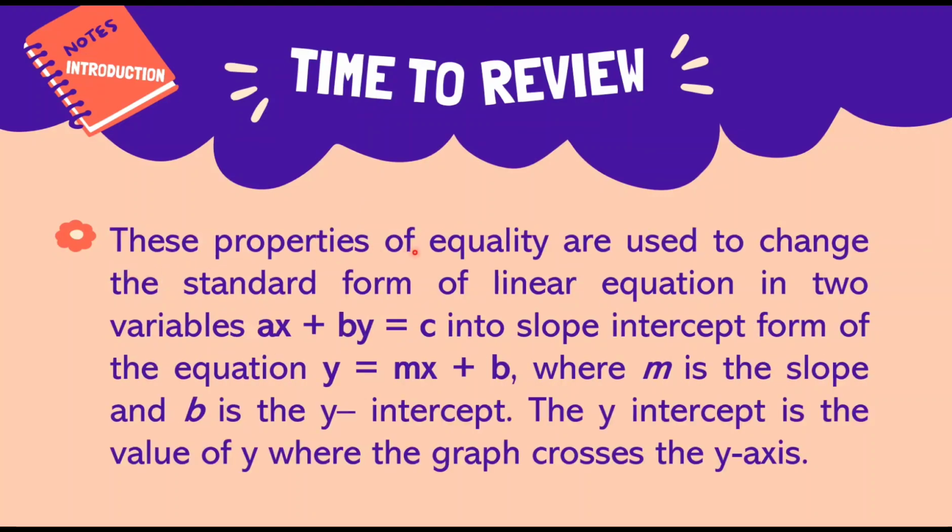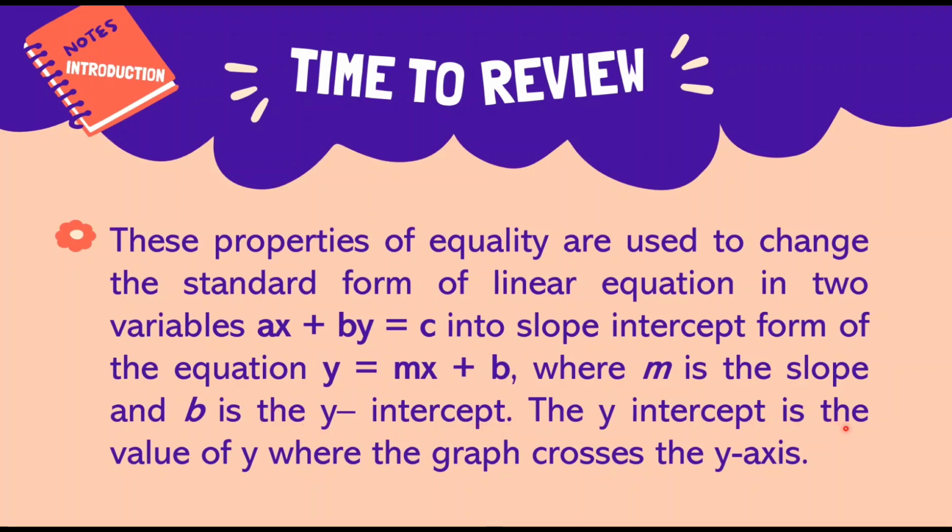So these properties of equality are used to change the standard form of linear equation in two variables, which is AX plus BY is equal to C, into the slope-intercept form of the equation, which is Y is equal to MX plus B. Always remember that the slope-intercept form is Y is equal to MX plus B, where M is the slope, and B, the constant term, is our y-intercept.